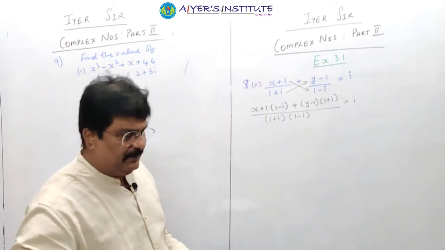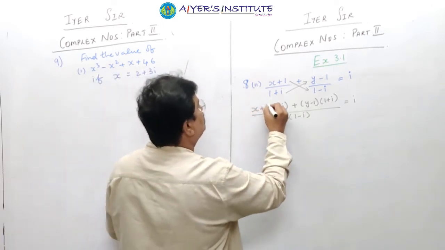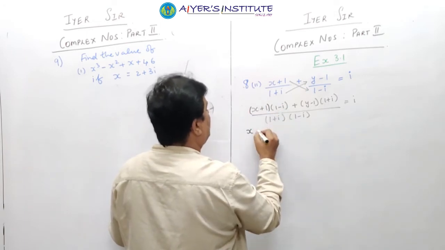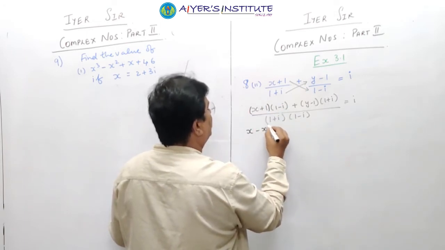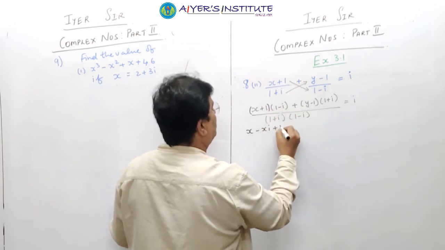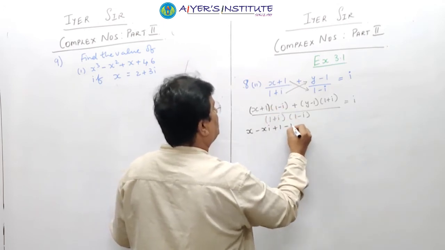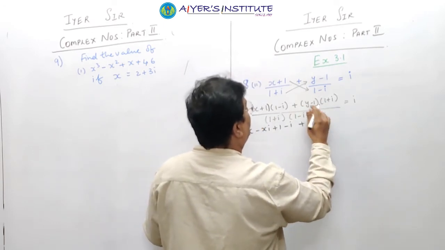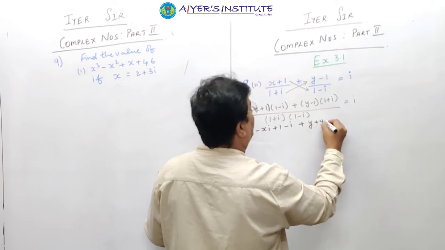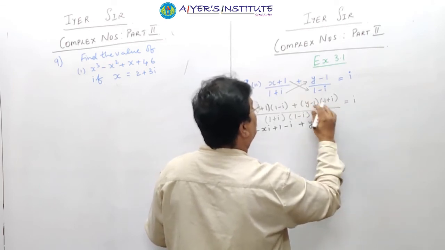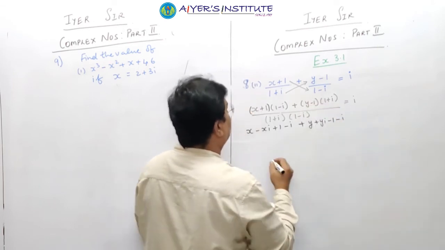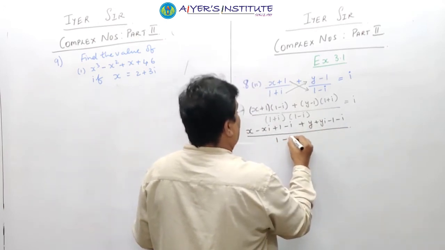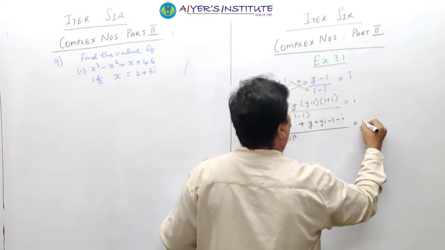So when we multiply, x into 1 is x, x into minus i is minus xi, 1 into 1 is 1, 1 into i is minus i, y into 1 is y, y into i is yi, minus 1 minus i, 1 minus i square is equal to i.